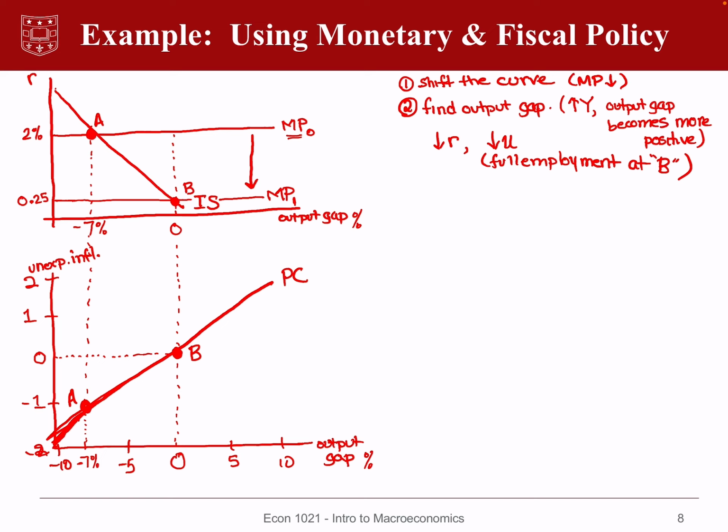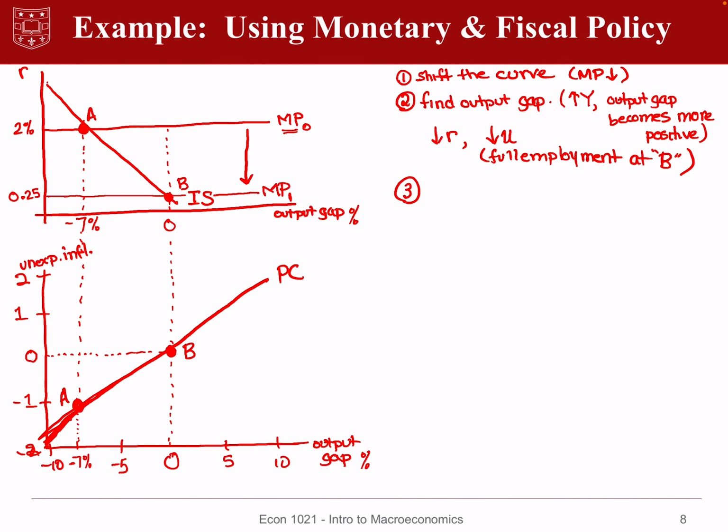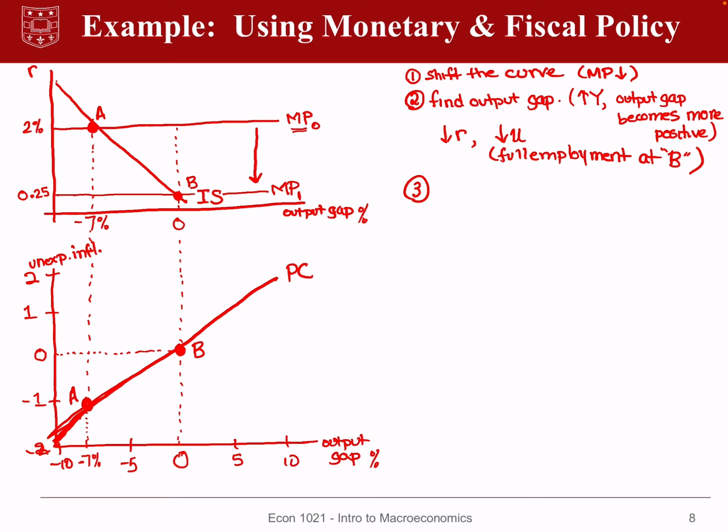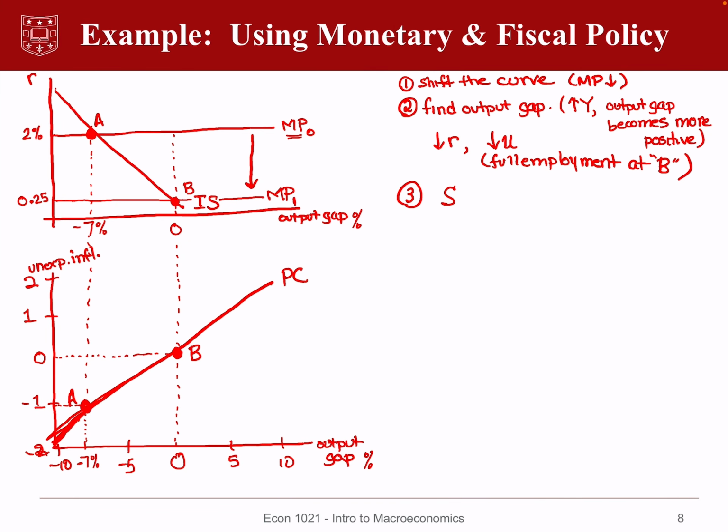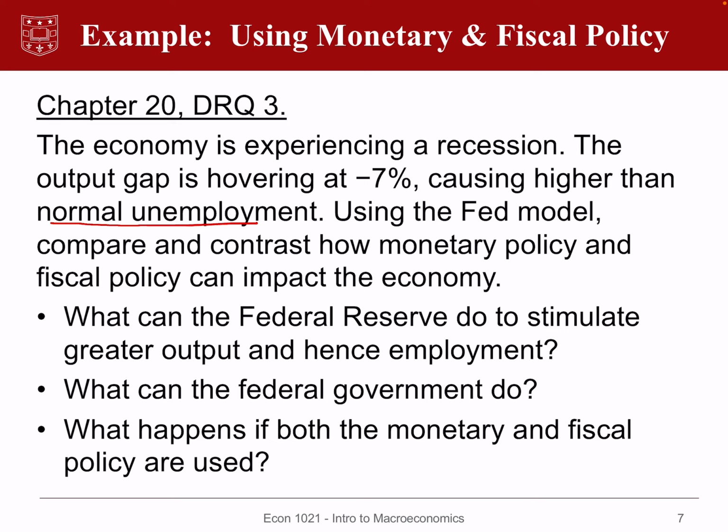And then our third step is to assess what's happening to the rate of inflation. So with the rate of inflation, let's suppose, again, I'm just making up numbers here, that the inflation that is expected is 1.5%.